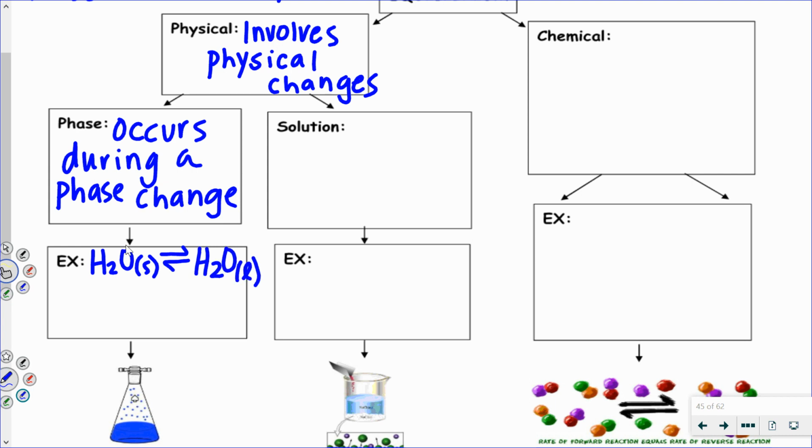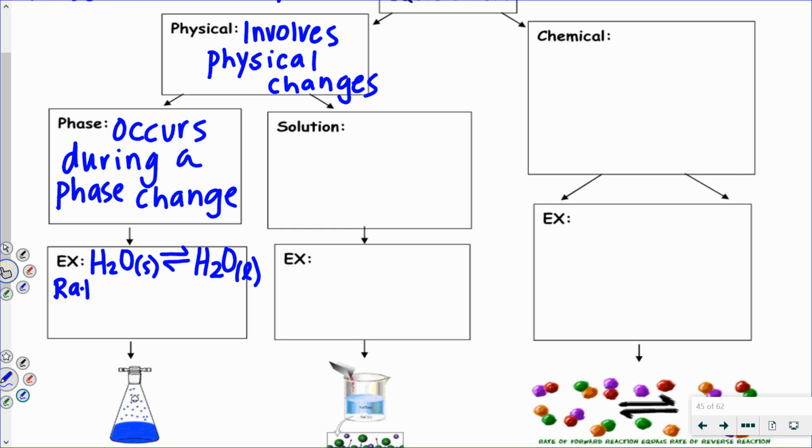Now what this means is that the rate of melting, the rate at which my solid forms a liquid, is equal to the rate at which that liquid reforms a solid. That's why it's reversible. It can go in both directions. And remember, at an equilibrium, rates are equal.